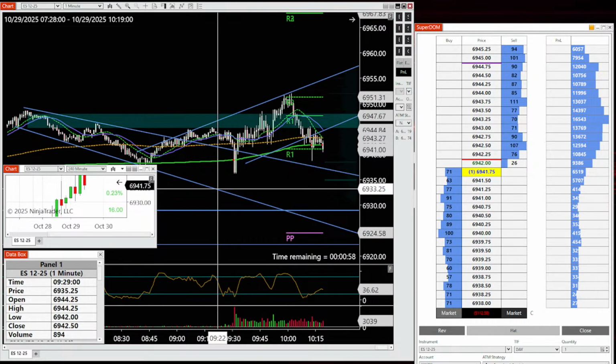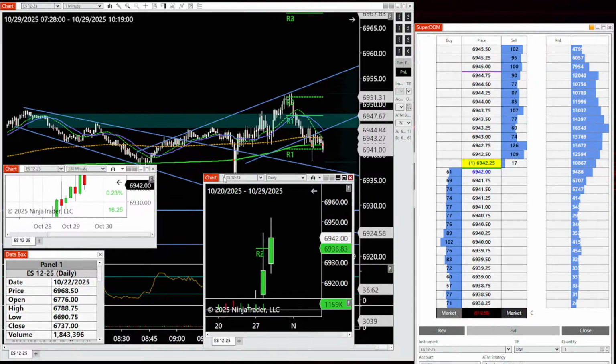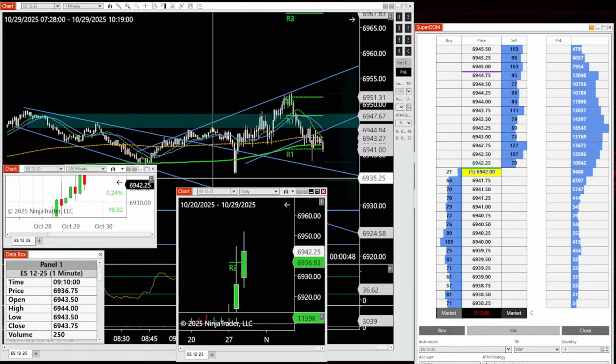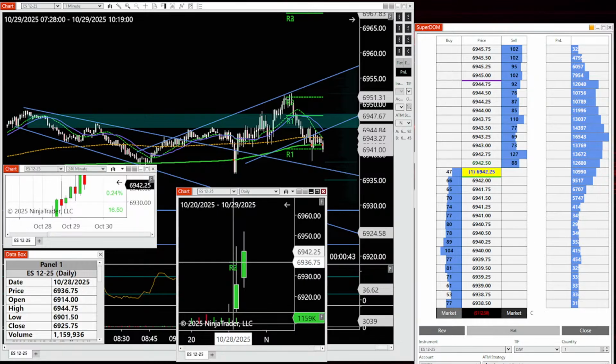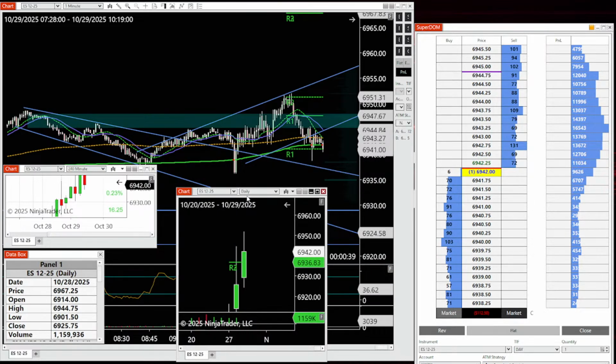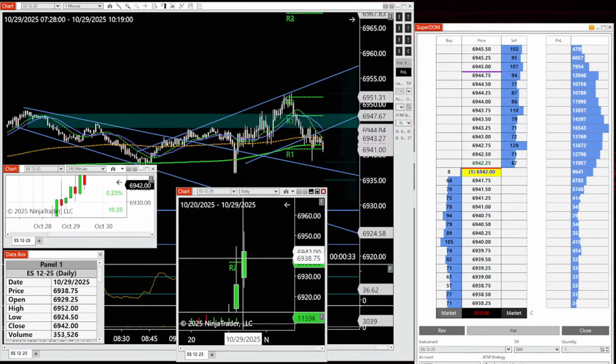This 36 right here bounce coincided with this weekly R2 right here. So we came down early and then bounced off of this R2 level, resistance level here.